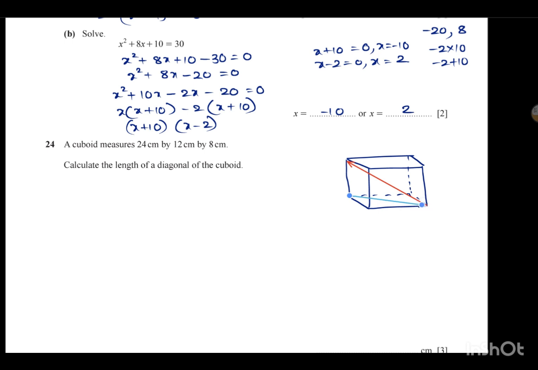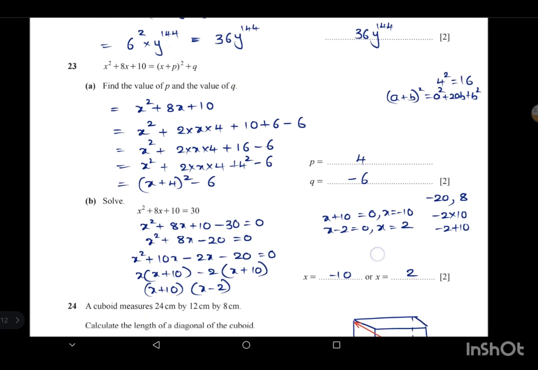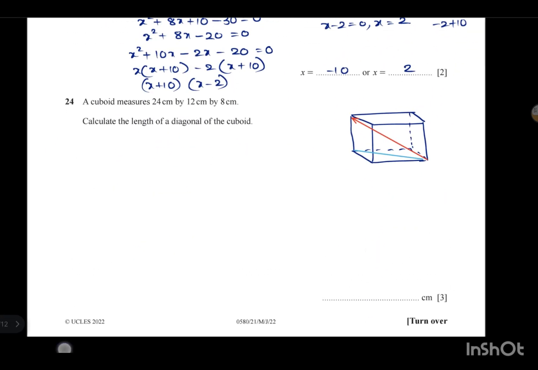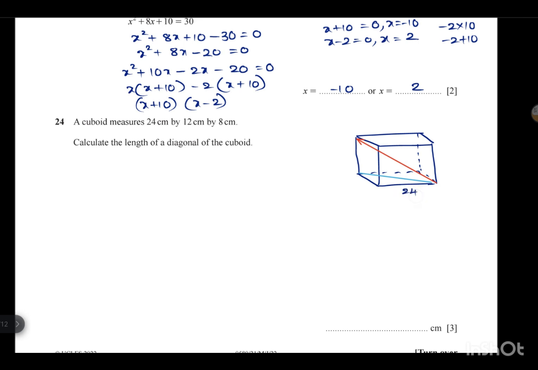Now this diagonal also, this is 24, this is 8 and this is 12. So the length of this blue color diagonal will be square root of 24 square plus 12 square using Pythagoras theorem. And now when you check this triangle, again it is a right triangle.